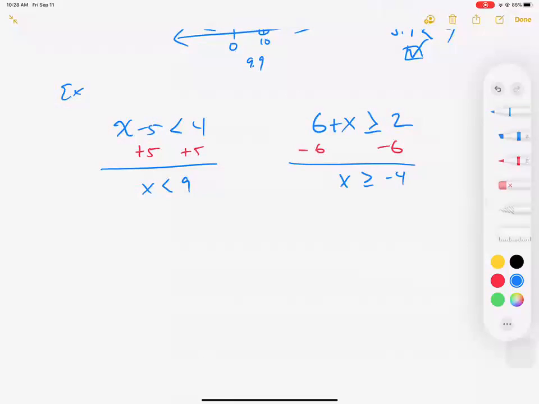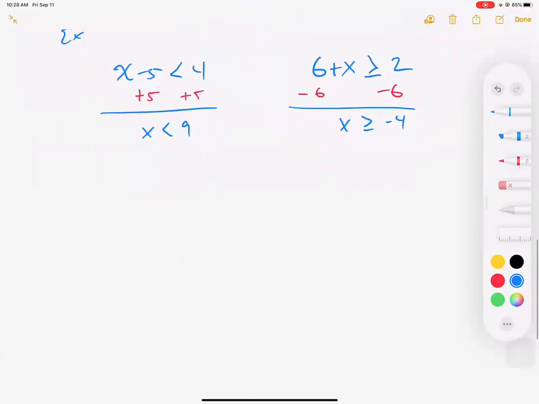Okay, so let's work on multiplication and division now. For multiplication and division, we have some special rules.